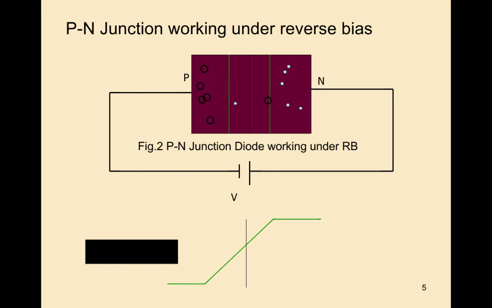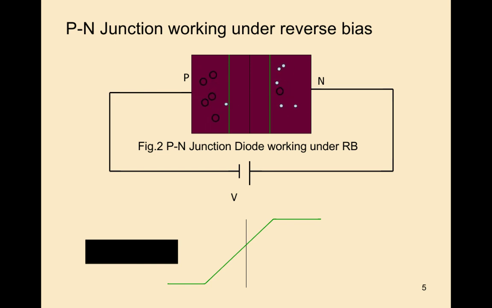When we connect the diode in reverse bias mode, this will happen: holes are attracted towards the battery negative terminal and electrons are attracted towards the battery positive terminal. The depletion region width increases in reverse bias mode, and the potential barrier also increases.